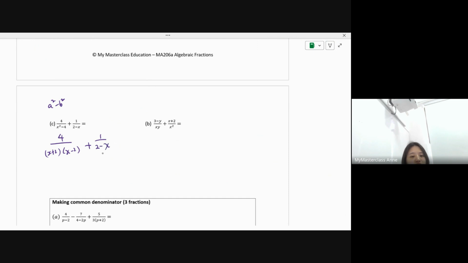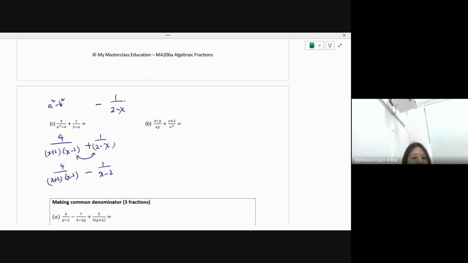I compare 2 minus x with x minus 2. So I can write 4 over x plus 2, x minus 2, minus 1 over x minus 2. Basically I put a negative here, but I can also put it outside.